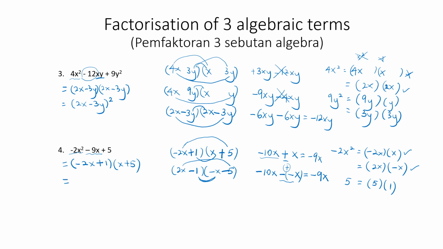So this is the answer. This is another possible factor: 2x minus 1, negative x minus 5.